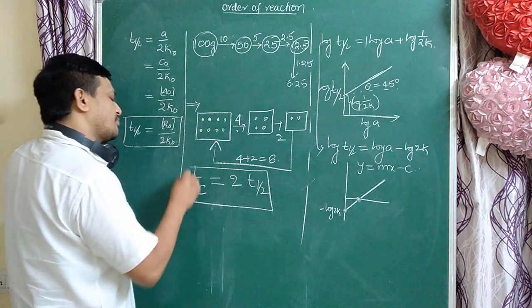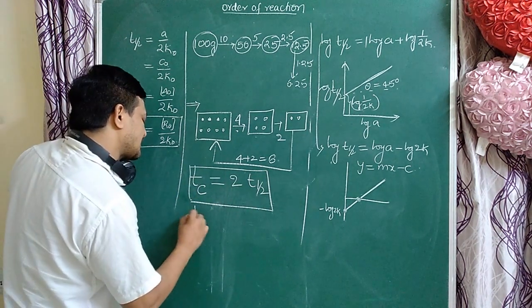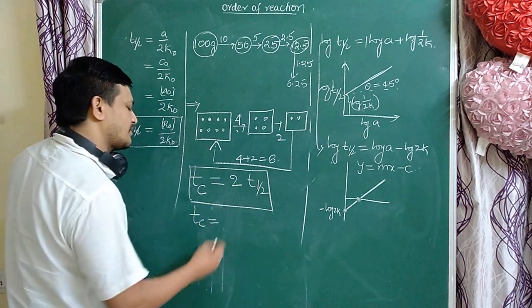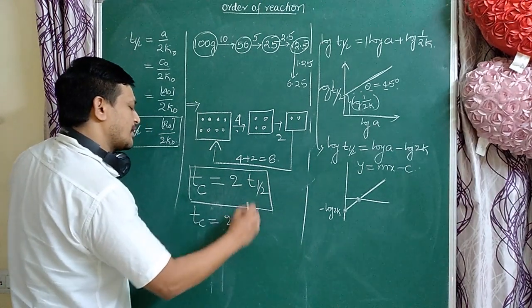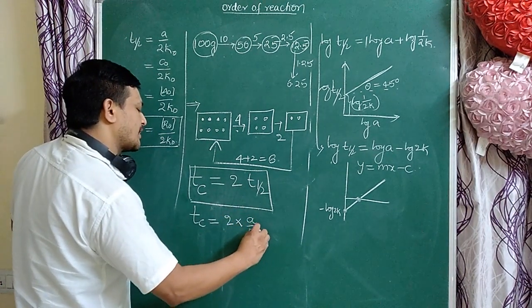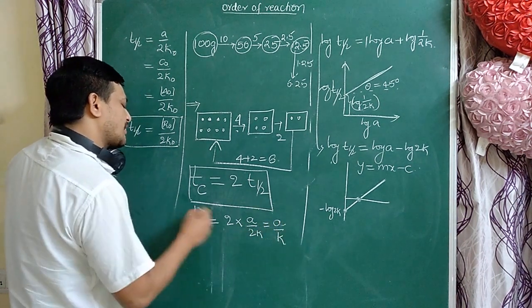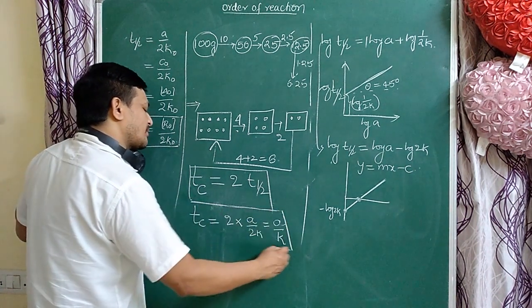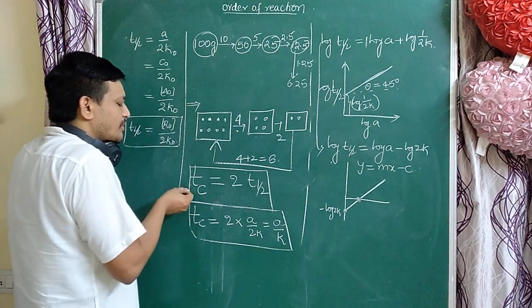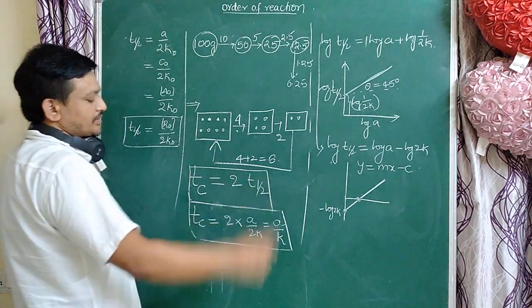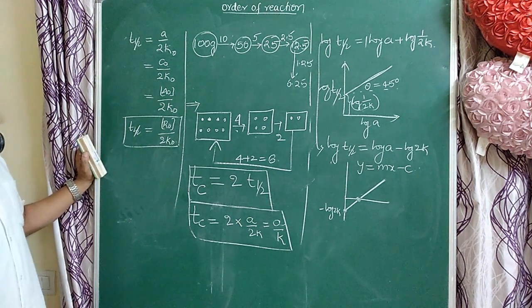So Tc equals 2 times the half-life, a by 2k, that equals a by k. The complete time equals a by k and the half-life is a by 2k. This is very important.